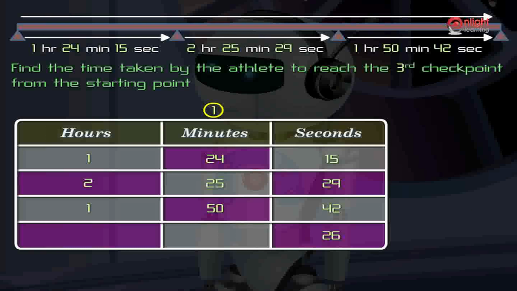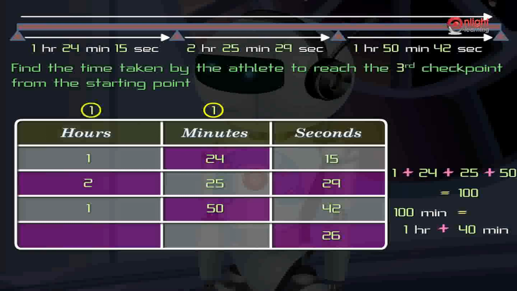Add minutes column next. 1 plus 24 plus 25 plus 50 is equal to 100 minutes. Now 100 minutes is equal to 1 hour plus 40 minutes. Hence, we carry 1 hour to the hours column and retain 40 in the minutes column as shown.